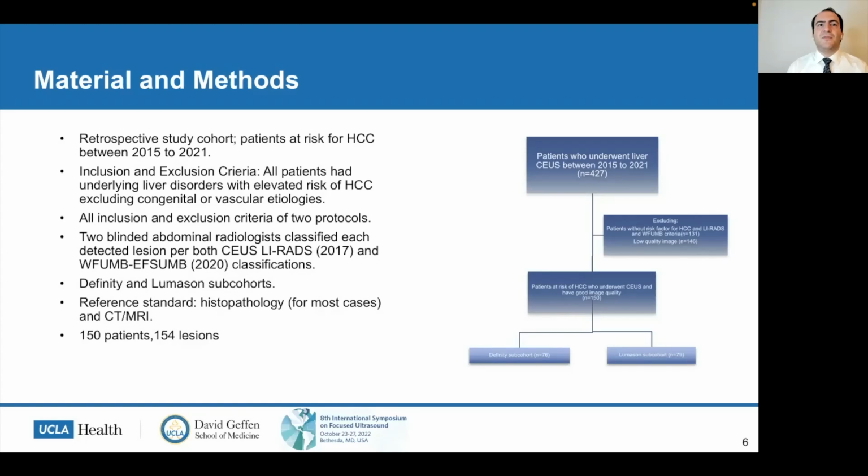The diagnostic performance of the two protocols in all lesions and in both CEUS subcohorts was assessed using histopathology and CT/MRI as reference standards. Our study included 150 patients with 155 lesions.